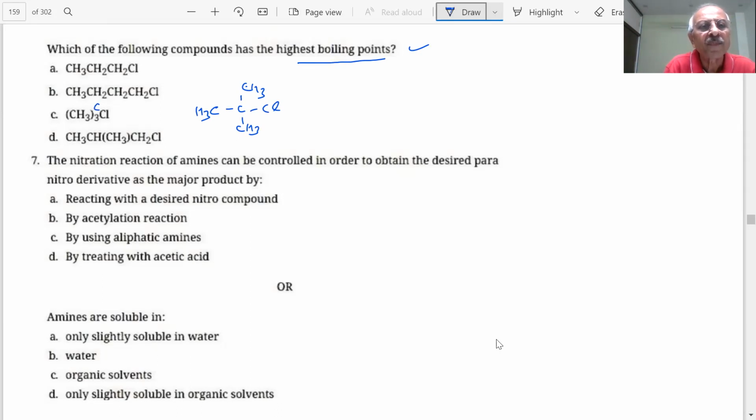What about this compound? This has CH3, CH, CH3, CH2, Cl. 1, 2, 3, 4 carbons. This is highly branched, and this is a straight chain. This is also a straight chain, students.